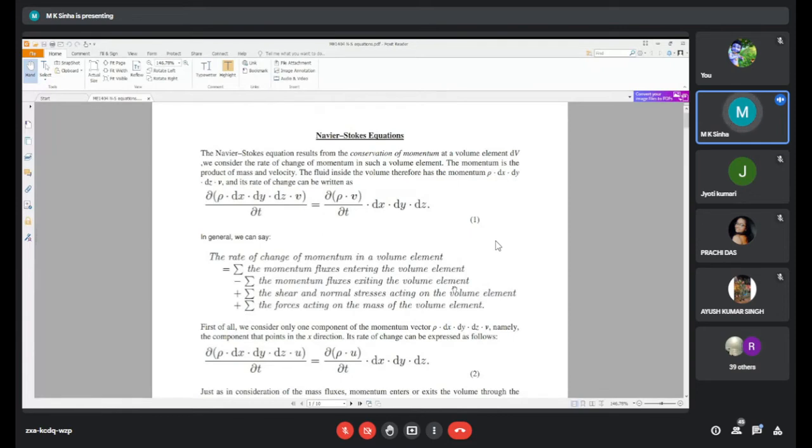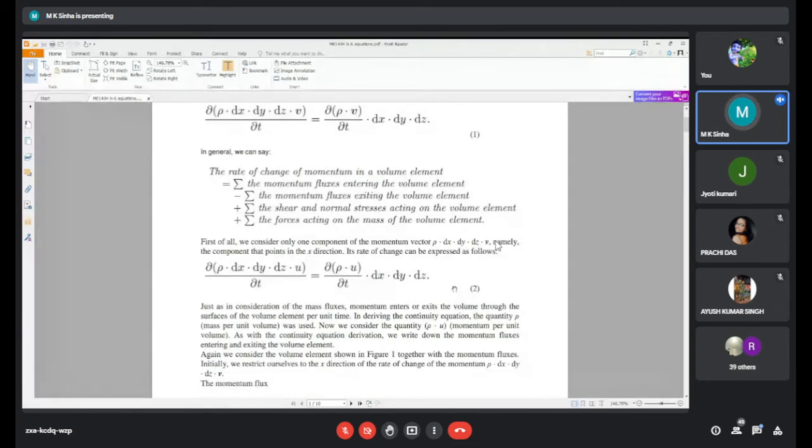In general, we can say that the rate of change of momentum in a volume element, or fluid element, equals the summation of the momentum fluxes entering the volume element minus the momentum fluxes exiting the volume element, plus shear and normal stresses acting on the volume element, plus forces acting on the mass of the volume element.